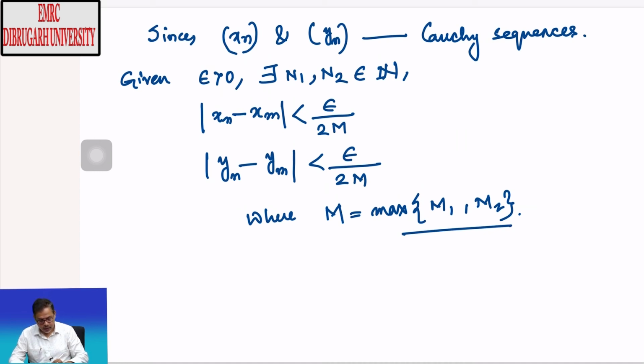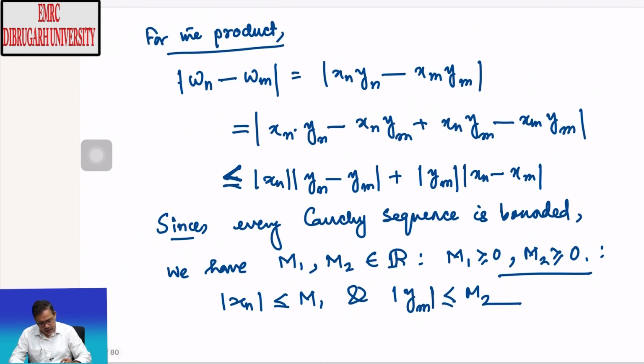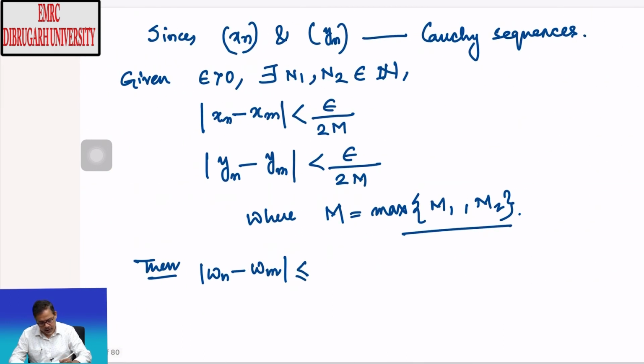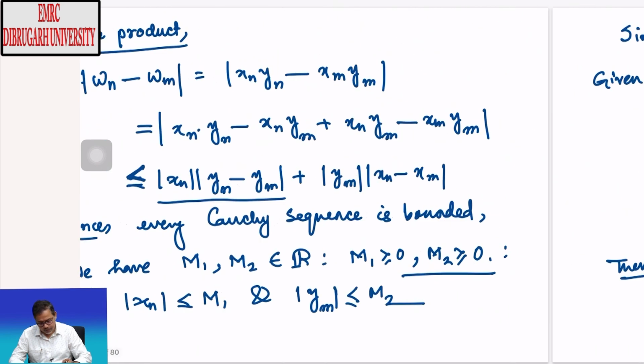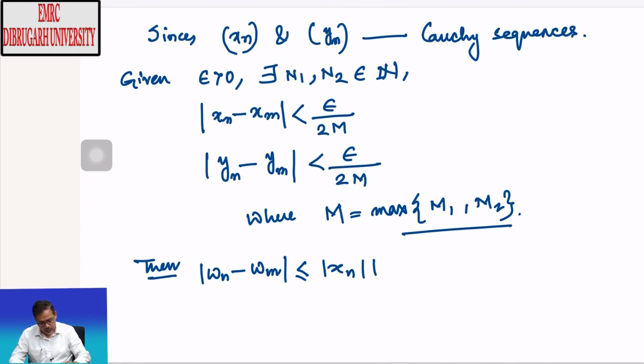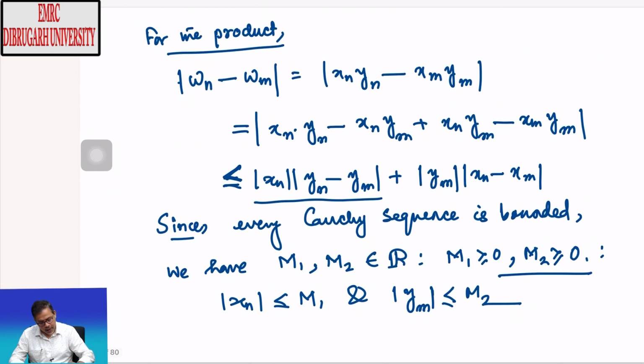Then this w n minus w m would be less than mod of x n into mod of y n minus y m plus mod of y m into mod of x n minus x m.